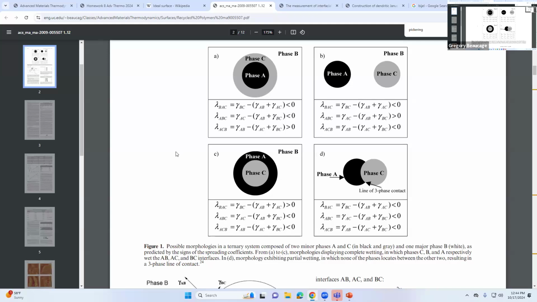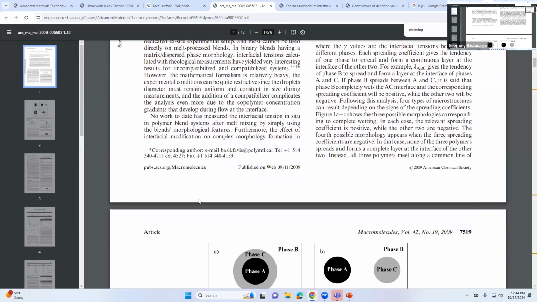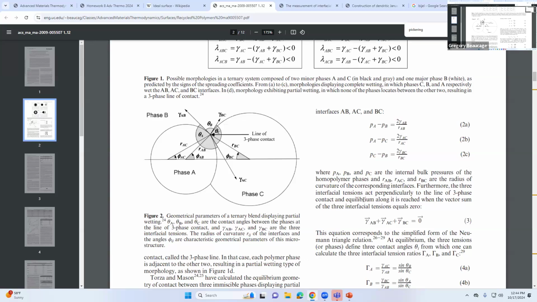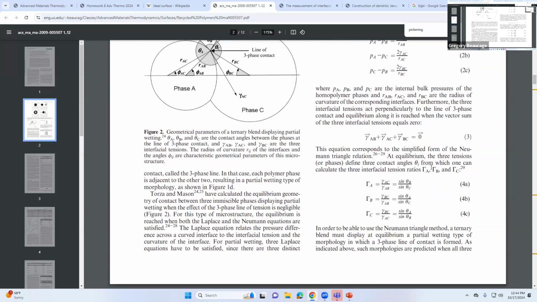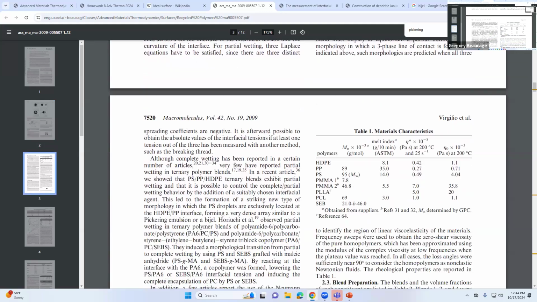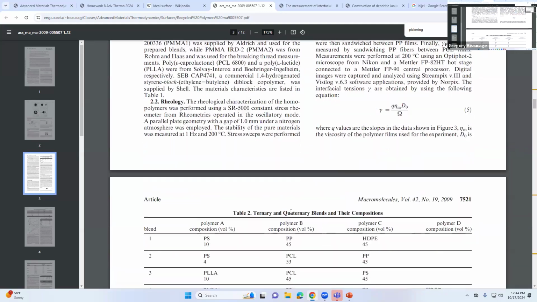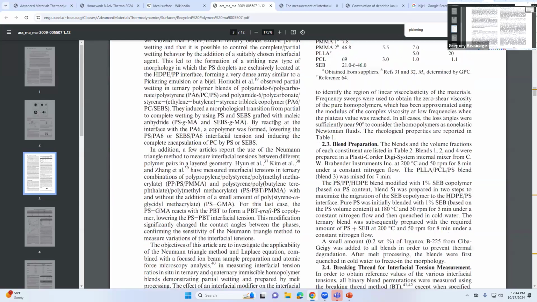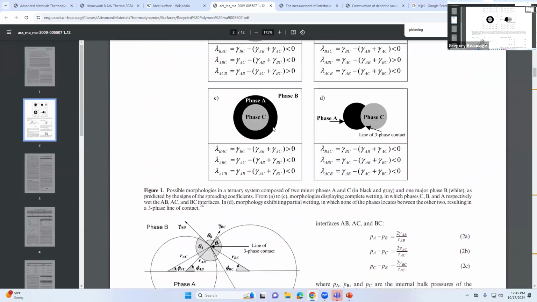You have ACB. So anyway, he comes up with an equation like these interfacial tension ratios. He ends up with these expressions that can predict the behavior of the thing. That's the bottom line.